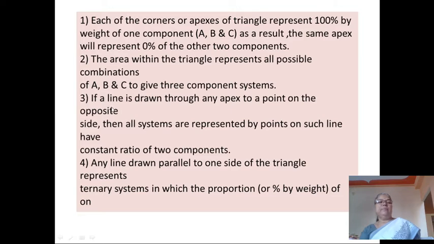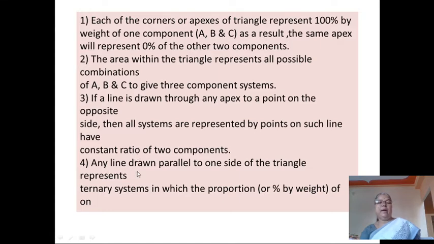Then the third rule: if a line is drawn through any apex to a point on the opposite side, then all systems represented by points on that line have a constant ratio of two components.